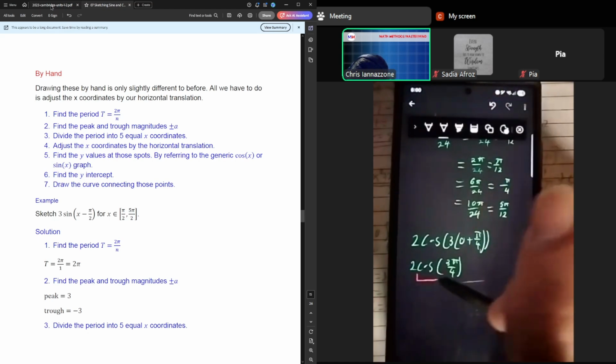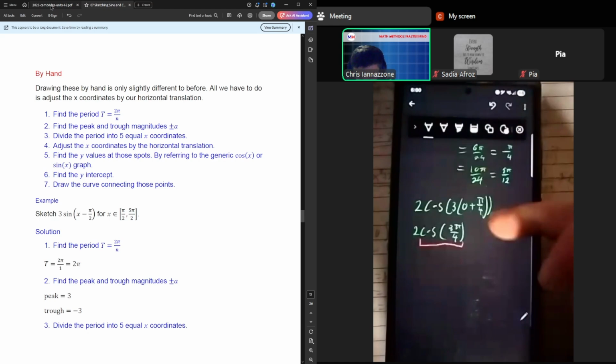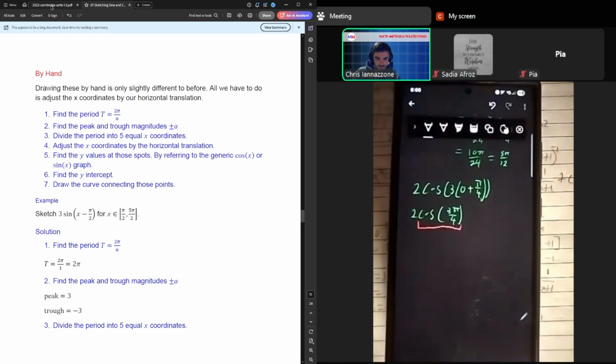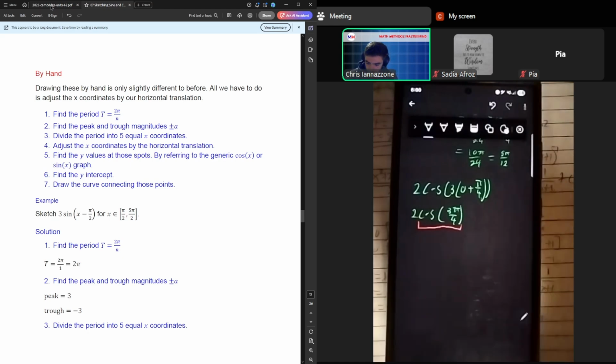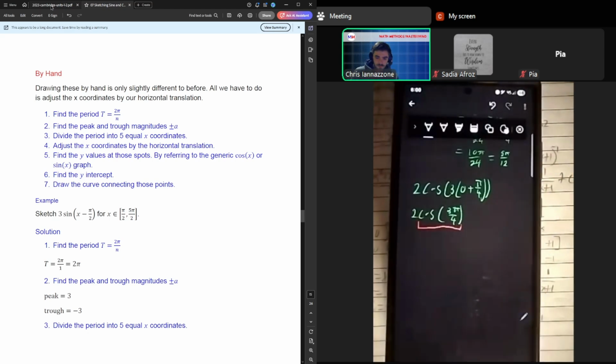Does anyone remember what cos of 3 pi over 4 is? Root 2 on 2. Yeah, precisely.